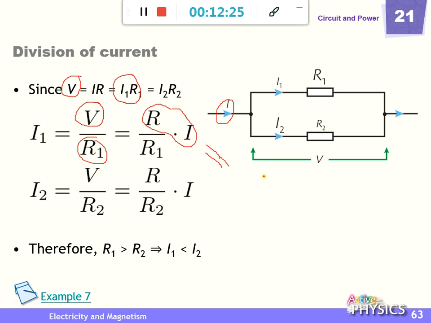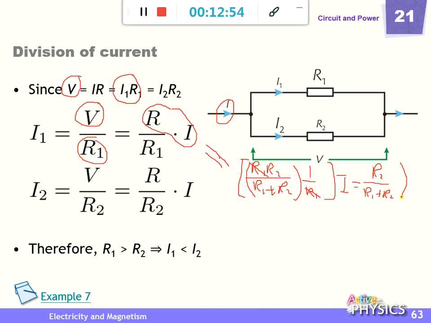R for this case should be the product of them over the sum of them, and then over R1, times I. Can you see it? Now you can cancel R1. Finally, you can get R2 over the sum of them. And once again, this one is the ratio of the resistances.